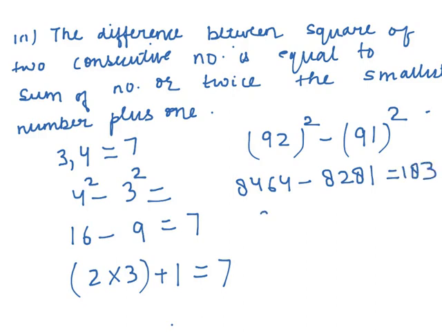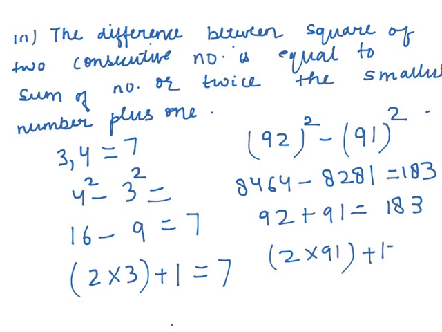And 92 plus 91 also gives us 183, or we can write twice 91 plus 1, that is 182 plus 1, which is equal to 183.